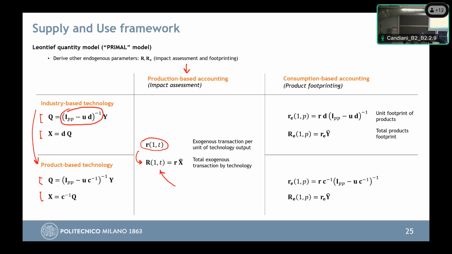The only thing that is changing is this D here, that in the first case is changed with the inverse of C, while in the second case also here it is changed with the inverse of C. So remember, the structure of the equations is always the same. I'm simply relying on a different assumption. Is that clear? I hope so.